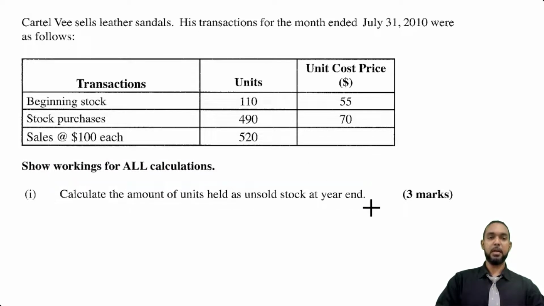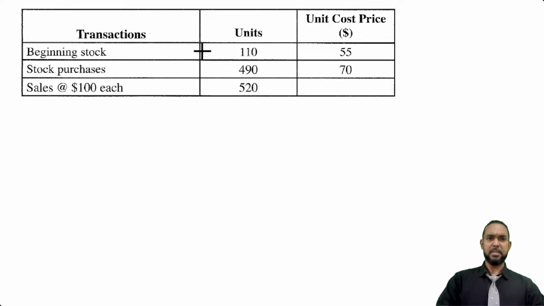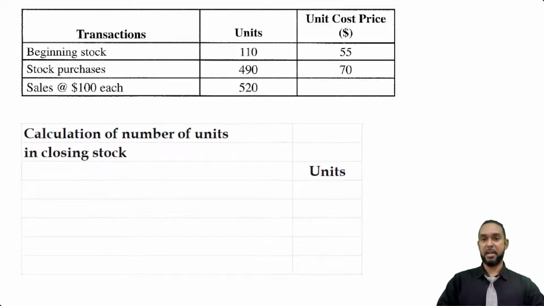First item up, calculate the number of units held as unsold stock at year end. Okay, so it doesn't matter if it's LIFO, FIFO, or AVCO. If we take into consideration the fact that we started off with 110 units, we bought 490 more, that's 600. If we sell 520 out of 600, we're going to have 80 units left. So, of course, we want to see that, so we're going to put that here, right?